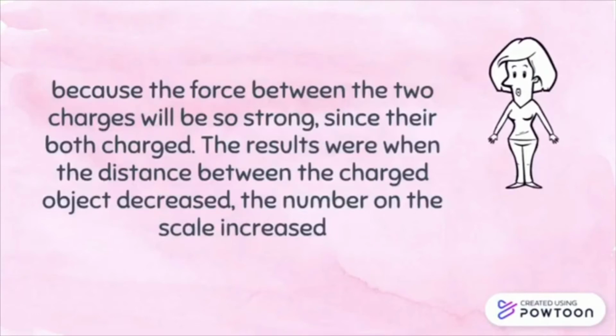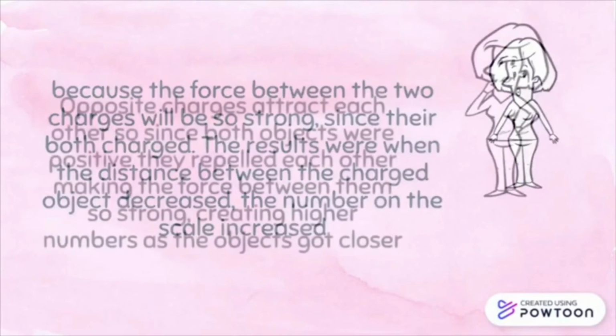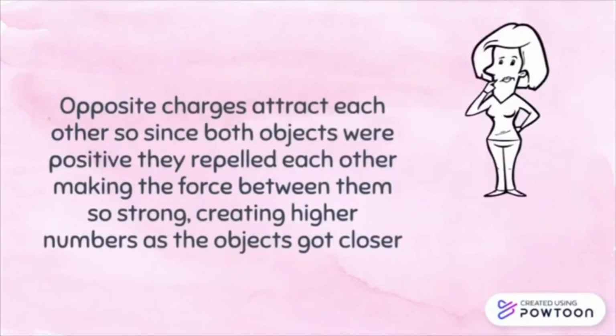The results were when the distance between the charged objects decreased, the number on the scale increased. Like charges repel each other, so since both objects were positive, they repel each other, making the force between them so strong, creating higher numbers as the objects got closer.